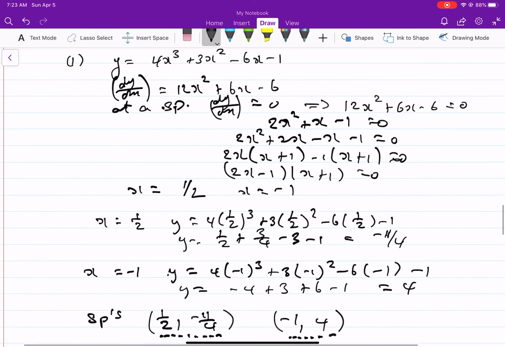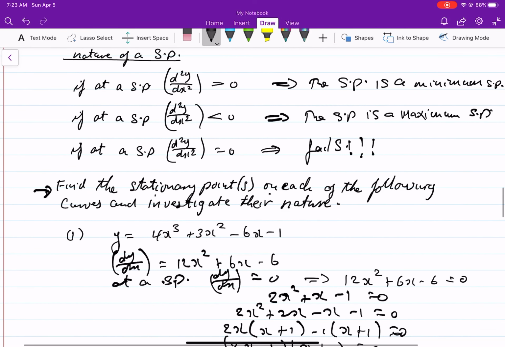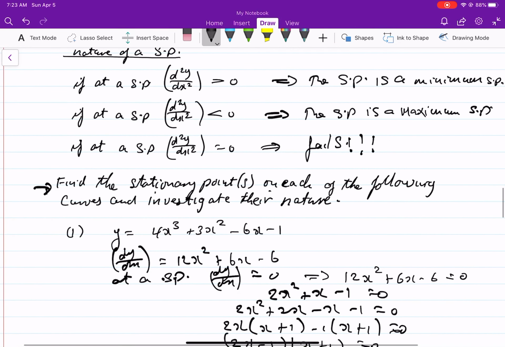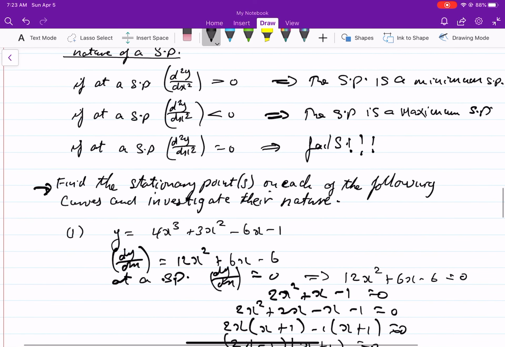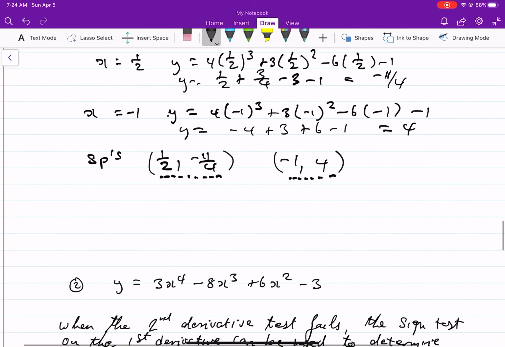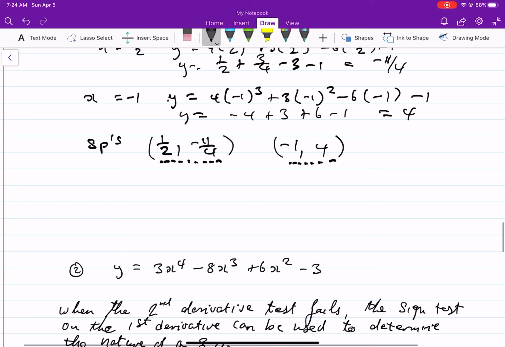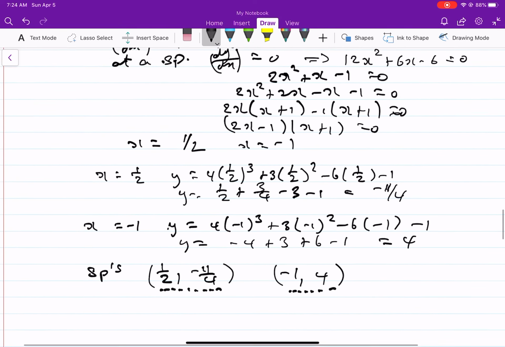But you simply follow the test. Whatever value the second derivative ends up being, whether it's positive, negative, or 0. In the case of positive or negative, you'll know what type of stationary point you have. In the case if the second derivative is 0, well, you have to do some further work. So let's see if we can find the second derivative here.